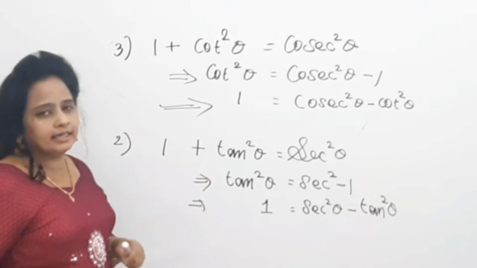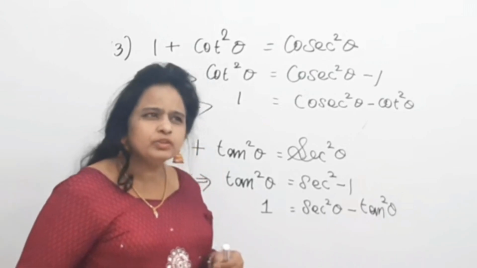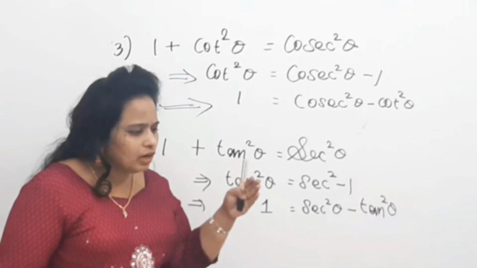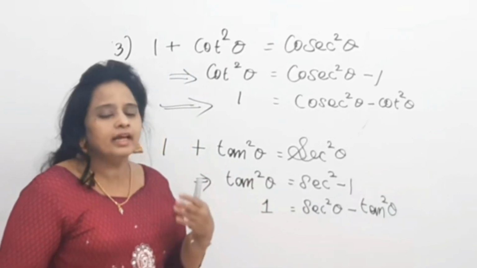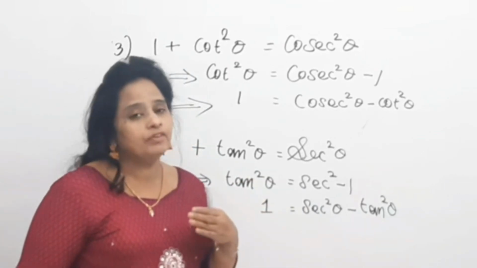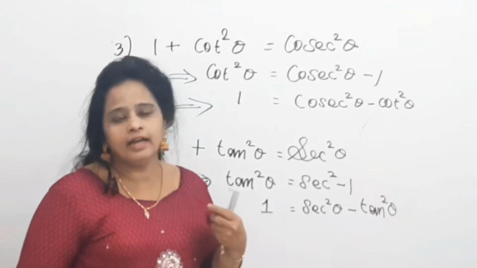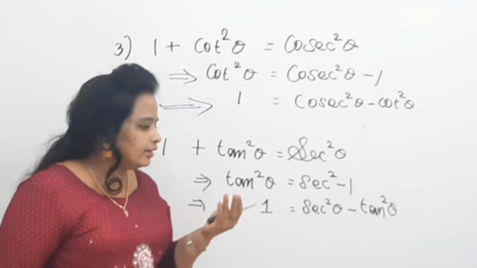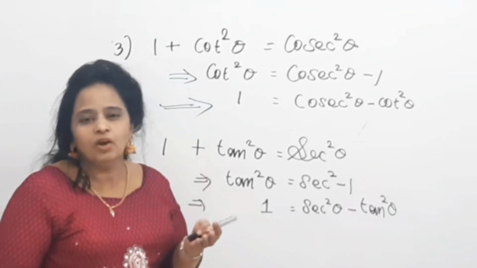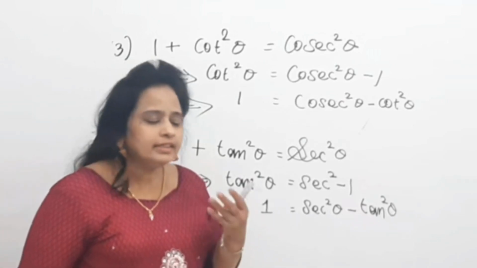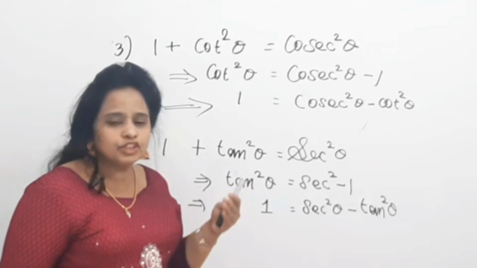Now, another hint I'll give you: in this trigonometry chapter, you will be using the formulae and identities that you have studied, as you have used them in any previous chapter, like pair of linear equations or statistics, or coordinate geometry. In a similar way you will be using these kinds of identities in this chapter also.